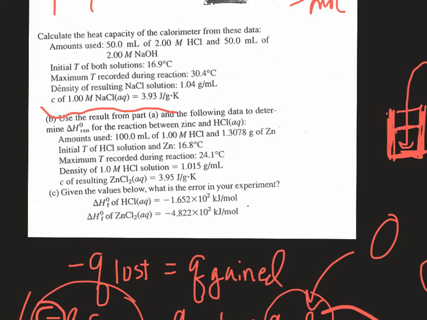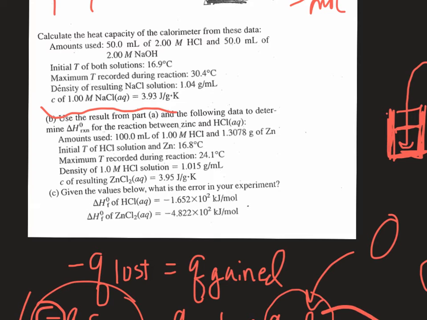So, 100 mL of 1 molar HCl and 1.3078 grams of zinc. We have an initial temperature of 16.8, the maximum temperature recorded, a density of solution, and the specific heat capacity of the solution.